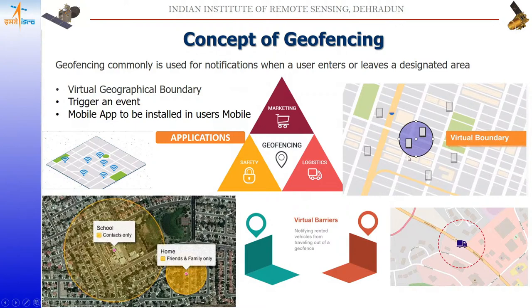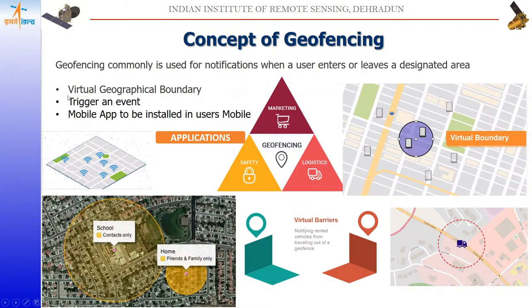There is one physical location, then I can create a buffer around it, and whenever one person enters this buffer area, his mobile always has a live location, GPS is on, so once he enters that buffer area, a notification is sent to him or some information can be collected from that particular user.